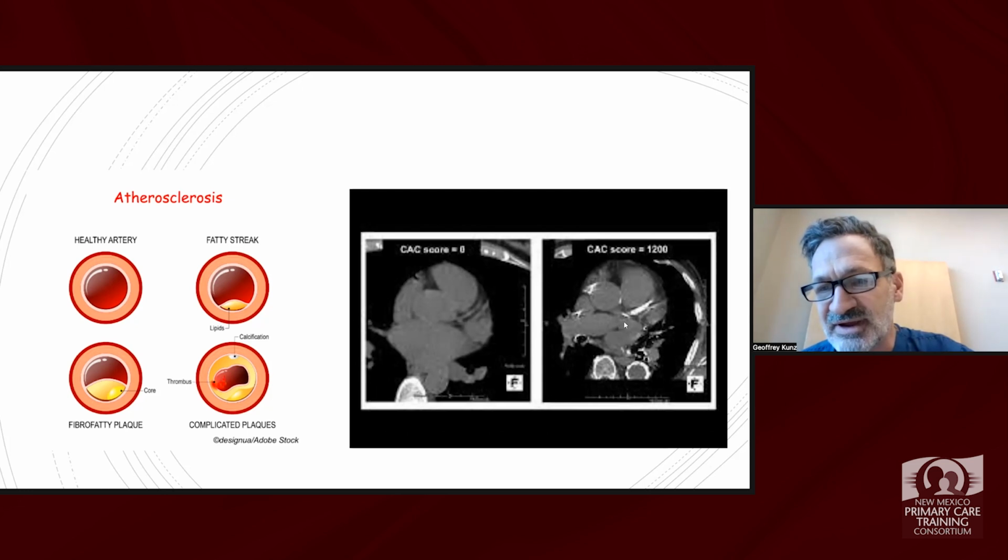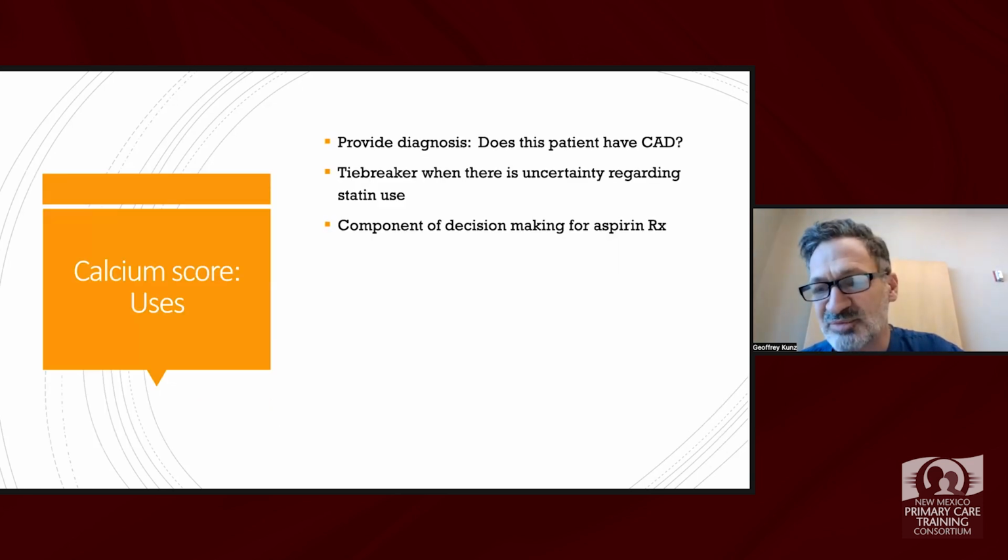On the other hand, on the right side, you're seeing outlined here aortic calcification, and there's coronary calcification here. That high calcium score means they've got plaque in the arteries. It doesn't tell you whether it's an occlusive plaque or a vulnerable plaque, it just tells you that they do have the process of coronary atherosclerosis.